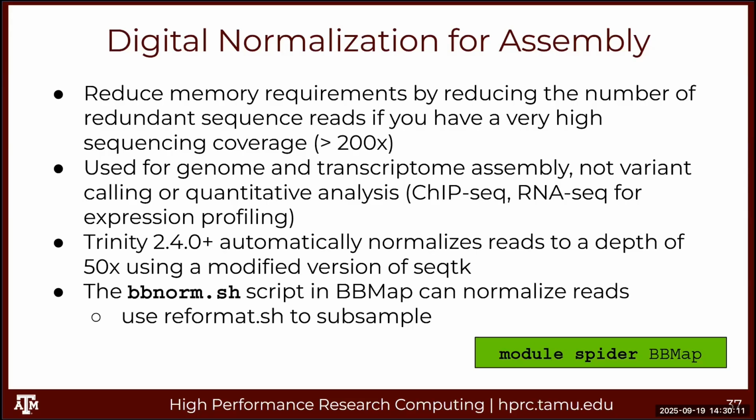You don't need 1,000x, so you can reduce the coverage. There's a tool that will do that called BBMap. You can look into BBMap and reduce the coverage without losing much, basically reducing redundant coverage. You're not losing a lot of data.